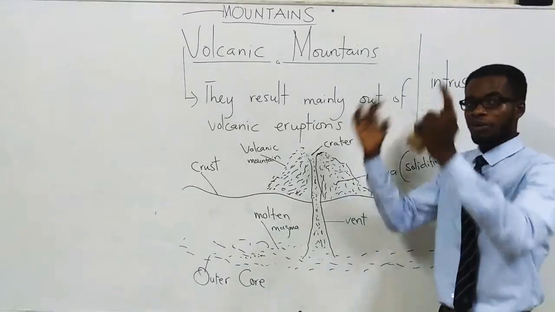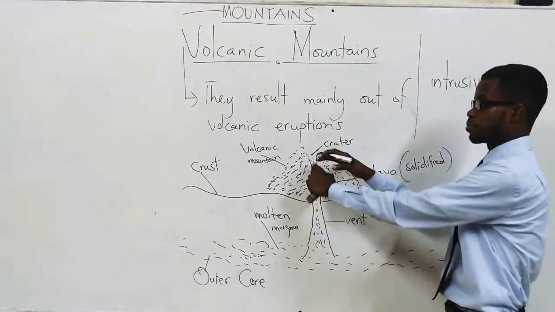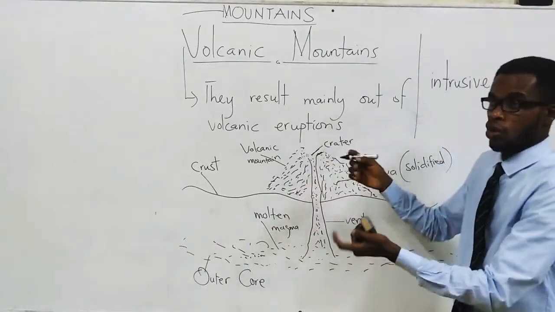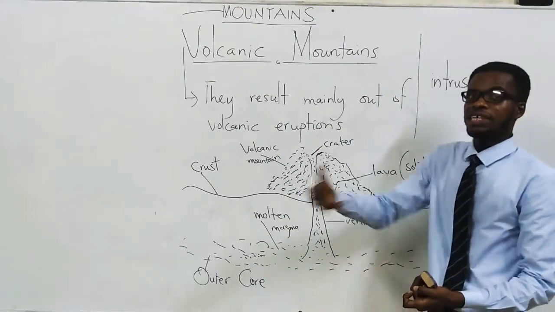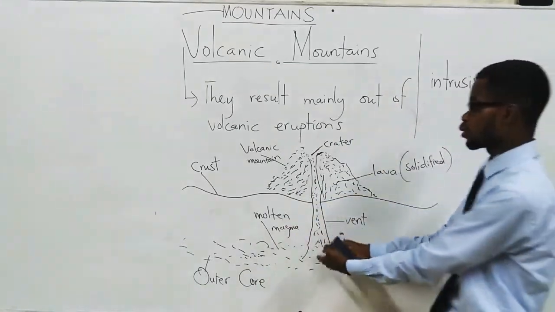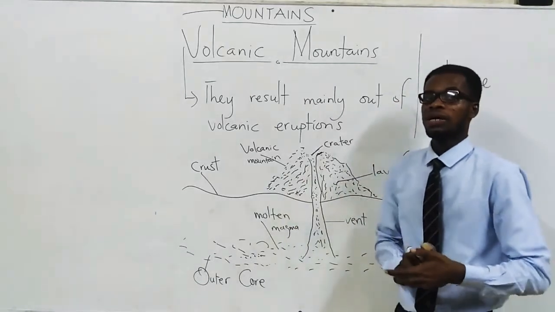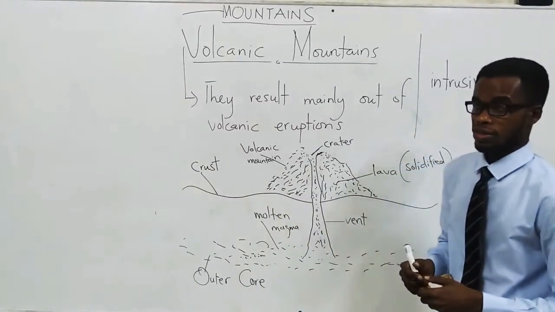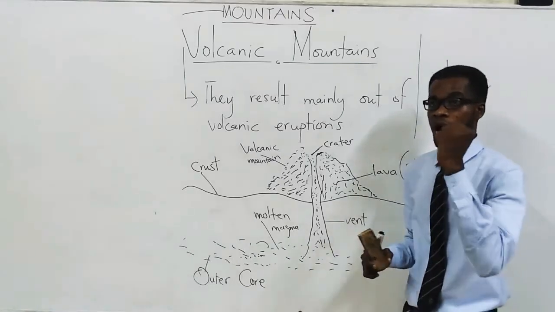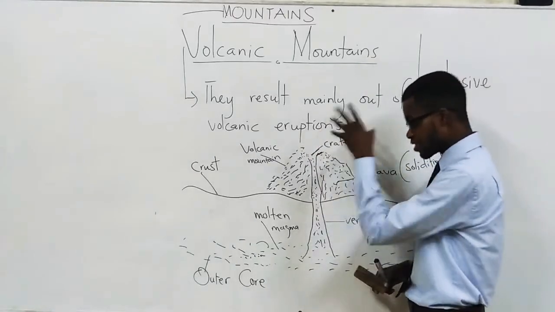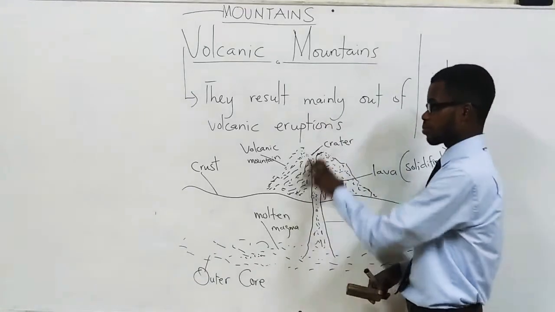Because they are just rocks, but when you break this mountain with dynamite, you obtain rocks. So we call them intrusive igneous rocks. So take note, igneous rocks are mainly generated from volcanic mountains. That's why they are so hard, because this is coming from the innermost part, the interior of the earth, and it's appearing on the surface.